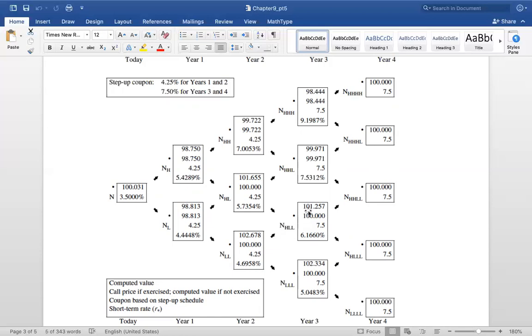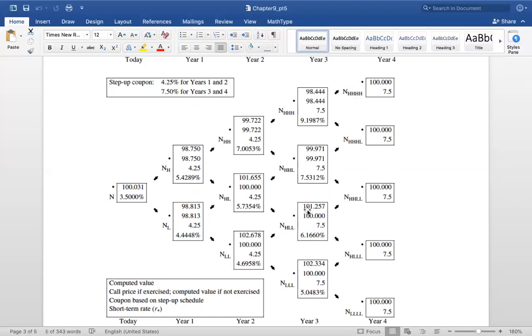The call price is 100. So here it's the calculated price, but here the call value of 100 is put, because here it is assumed that the bond can be called. Why? Because the calculated value is above the call value.